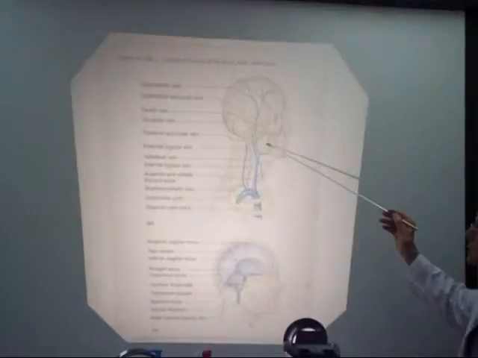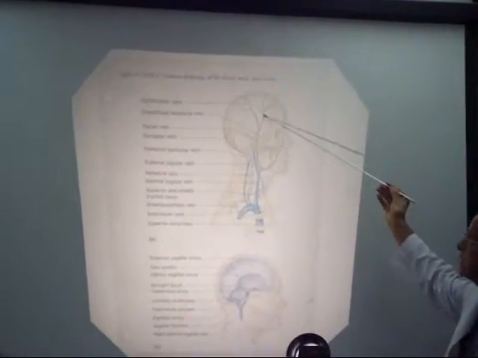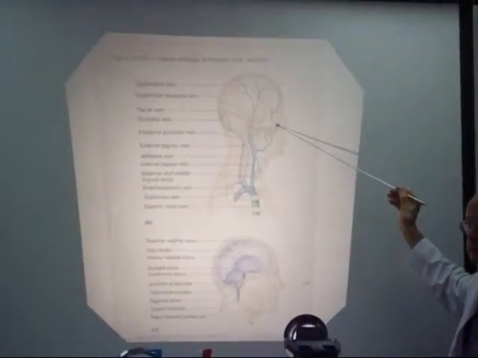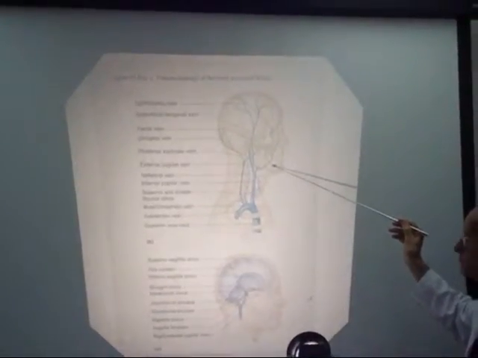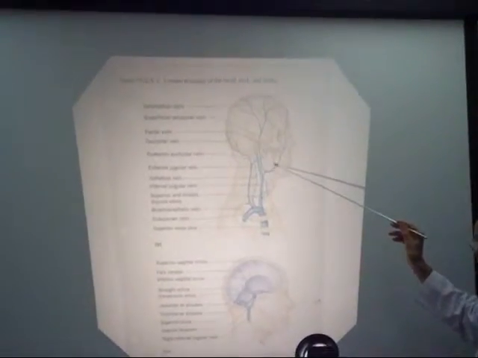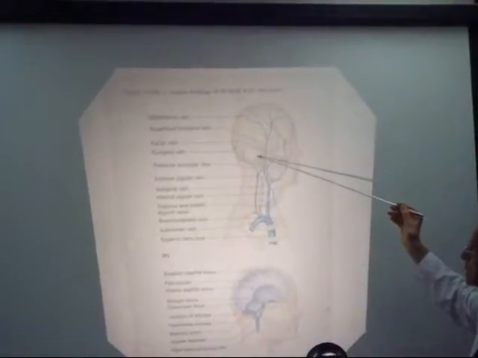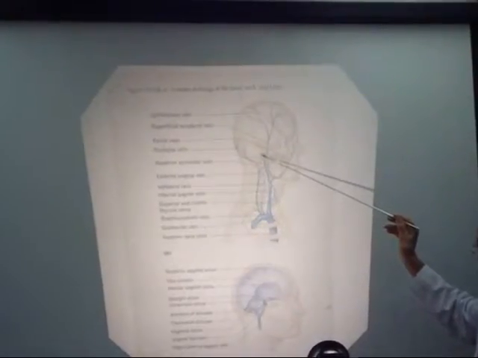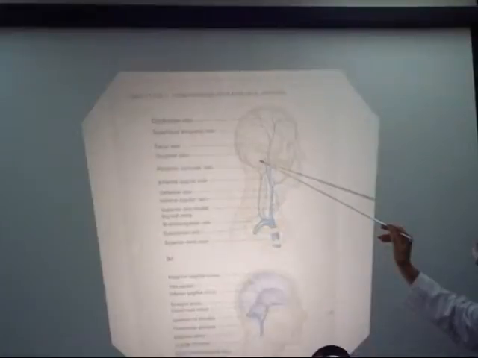Now, as you can see here, the internal jugular vein is draining tissues of the head and neck, skin, subcutaneous tissue, muscles, and so forth. But it's also draining, and you can see it sort of shaded in here, some blood out from the cranial cavity. See the little shaded in area here?